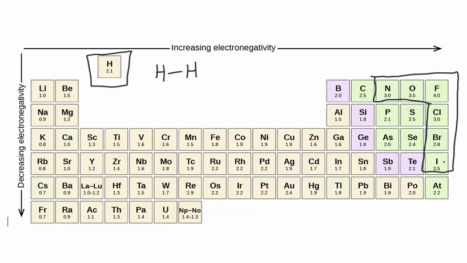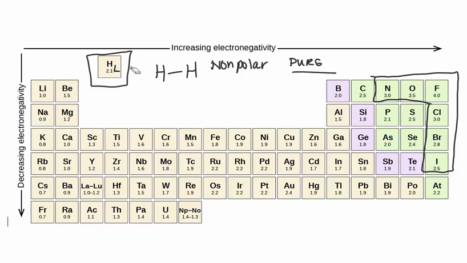These are all gases in their elemental state. And because Dalton's atomic theory still holds, and we have two atoms of the same element, they have equal sharing because they have equal electronegativity. So that is the definition of a non-polar or a pure covalent bond.